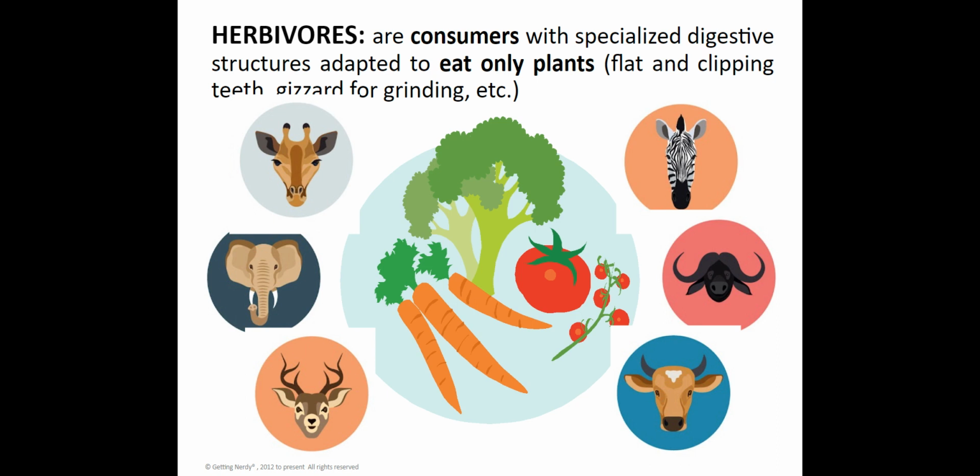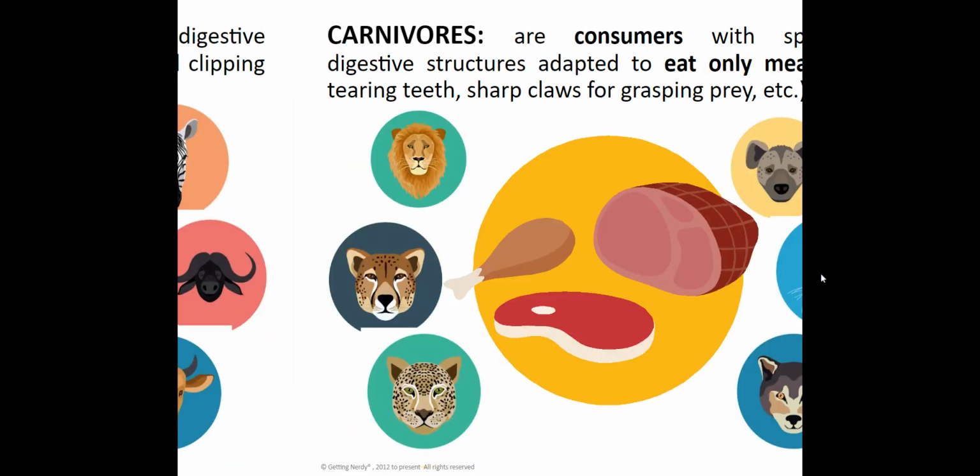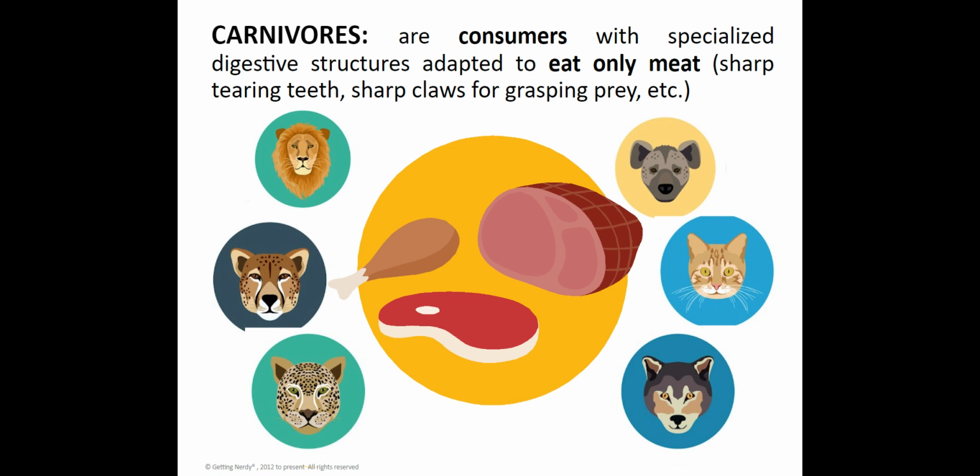Next, we have carnivores. Carnivores are consumers with specialized digestive structures adapted to eat only meat. They have sharp tearing teeth and sharp claws for grasping prey, so their bodies are designed to eat meat.